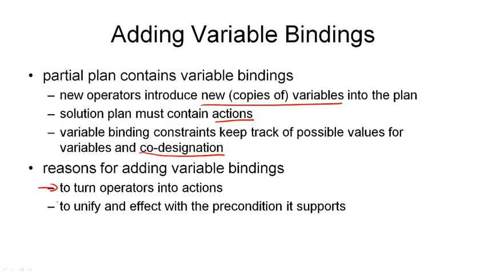But this is not the only reason. In fact, we've already seen that when we introduce a causal link to use an effect to support a precondition, then the effect may have variables, but the preconditions may have specific values in there. So we need to unify these to make sure that the effect and the precondition match. And that is the second reason for introducing variable binding constraints.